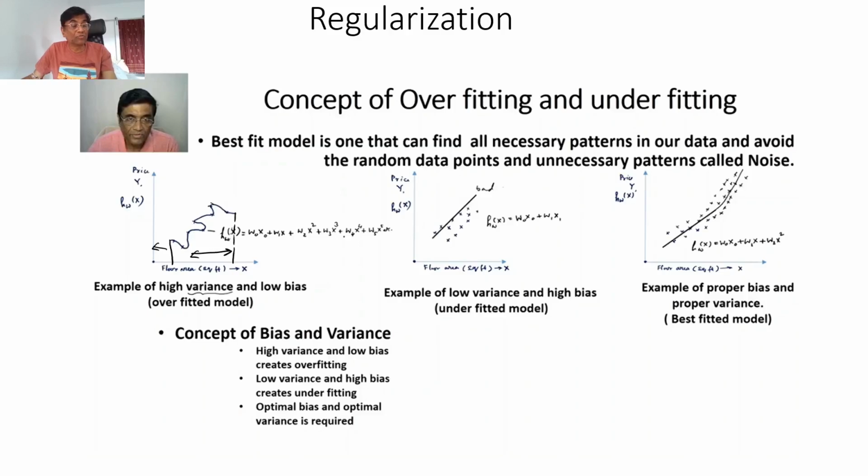We also call this an example of high variance and low bias. So these are two terms, bias and variance, although not exactly in the sense of statistics, but I will discuss what they mean.